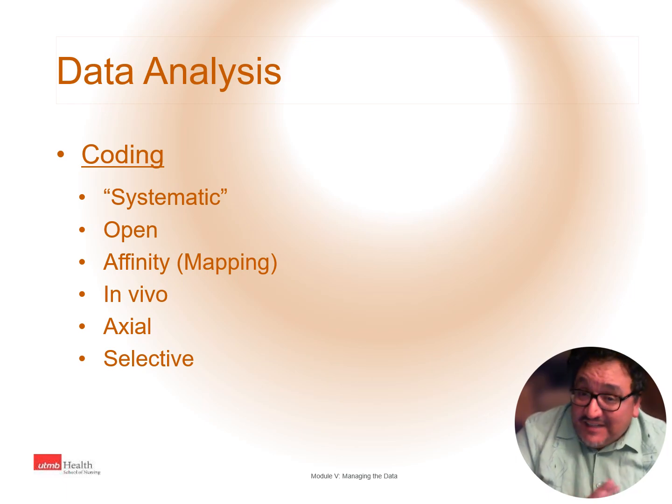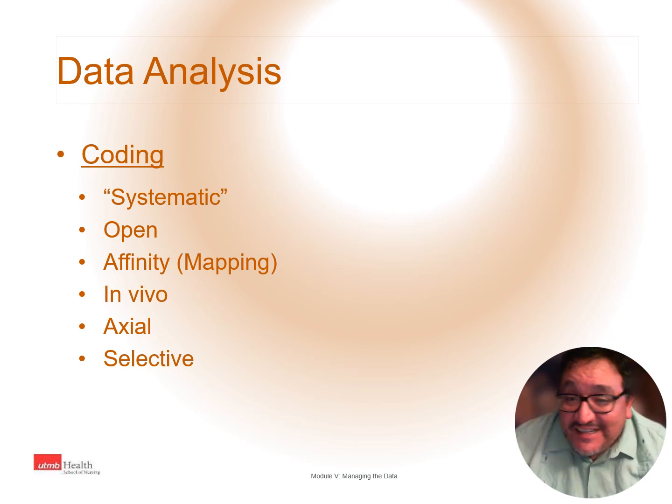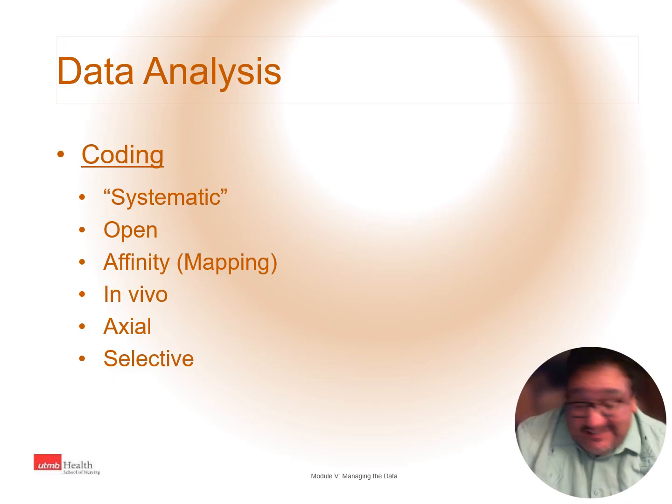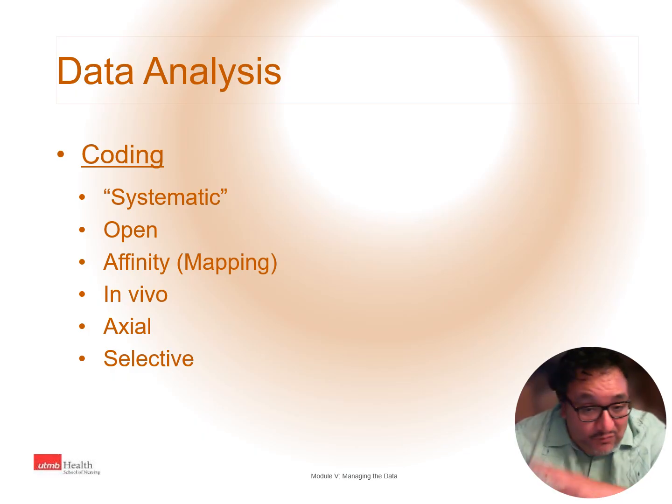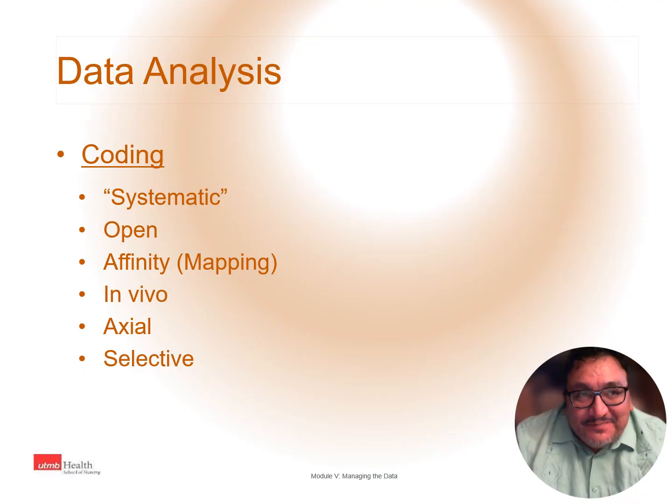Even in your text, you'll see there is an actual coding process they call systematic. But at the same time, as you've heard me say in the lecture, this consistency is also systematic. So just be careful. There is an actual attempt to classify a very specific type of coding strategy, systematic. But there's also open coding, which I see quite a bit.